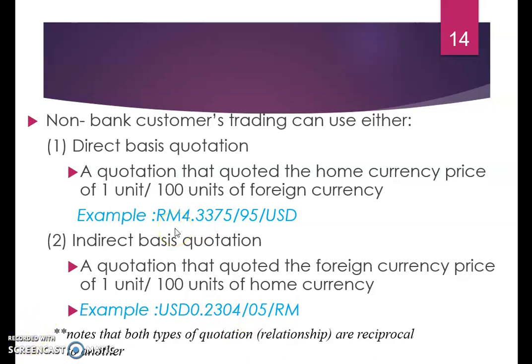Okay guys, one more thing: why does this quotation have a slash here? This 4.3375 we call the bid price, and the other figure after the slash we call the ask price.